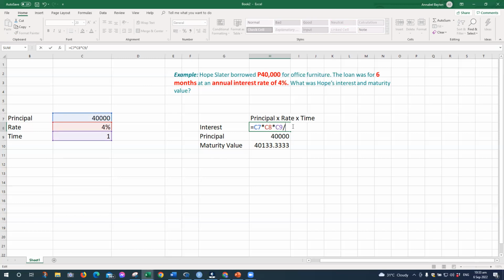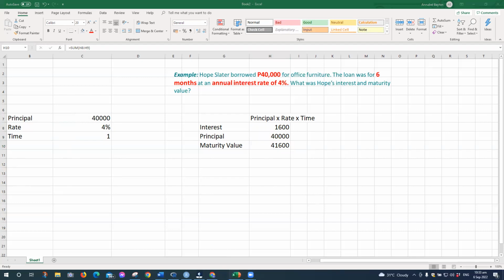So no more over 12 here. Okay, it's the same, of course. Whether you use calculator or you use Excel, you'll get the same answer. But of course, it's easier to use this in Excel.